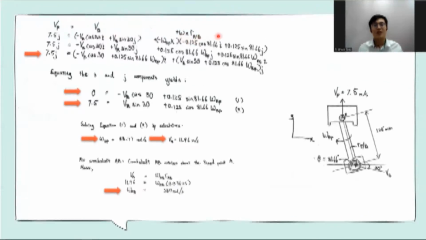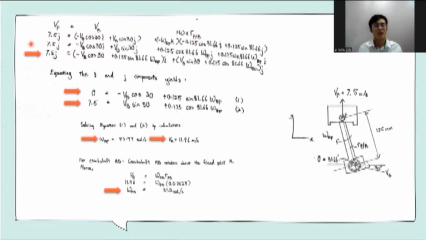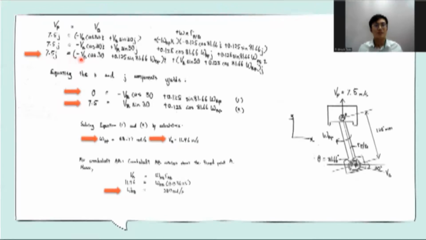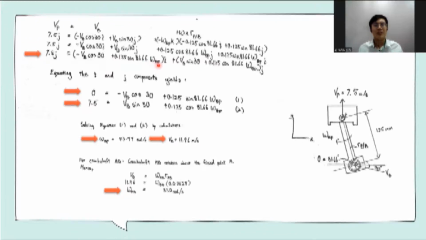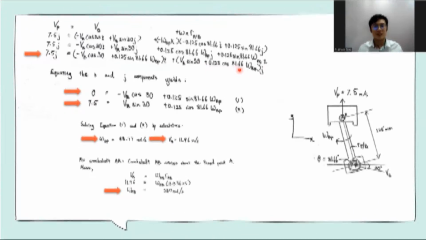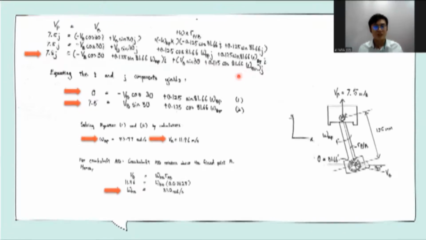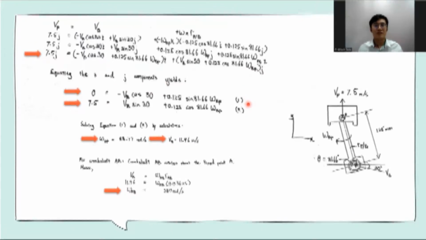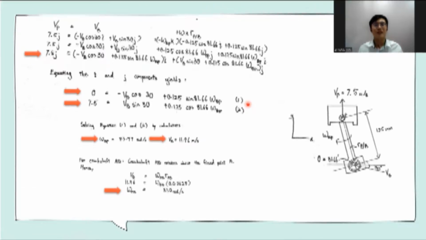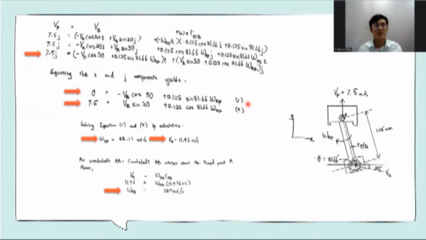And then we will find the equation, which is 7.5 j is equal to negative VB cos 30 plus 0.125 sin 81.66 omega BP i, plus VB sin 30 plus 0.125 cos 81.66 omega BP j. And then we can equate the i and j components. Therefore, we will get two equations. The first equation is 0 equals negative VB cos 30 plus 0.125 sin 81.66 omega BP. Then the second equation is 7.5 equals VB sin 30 plus 0.125 cos 81.66 omega BP.